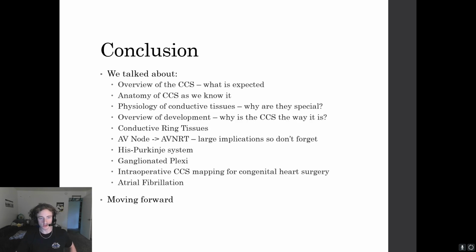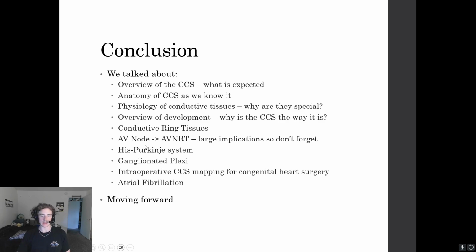So just to conclude, here's what we talked about. This was in the plans, but essentially we did an overview, talked about that basic anatomy that we learned in class, and then we did the more current look at anatomy. We talked about the physiology of conductive tissues, why they're special. We did an overview of development, talked about how the heart forms and why it's significant. And then we went into depth on the conductive ring tissues.